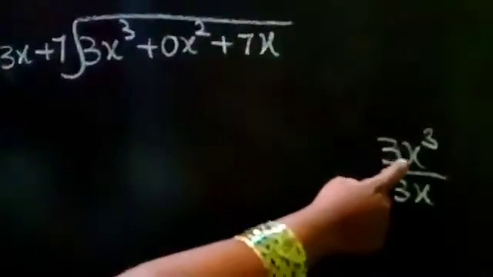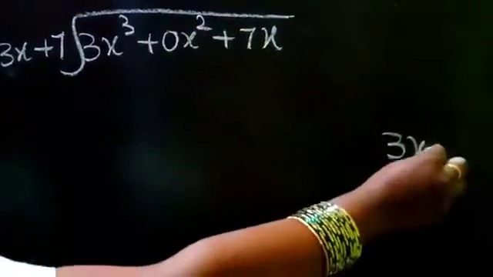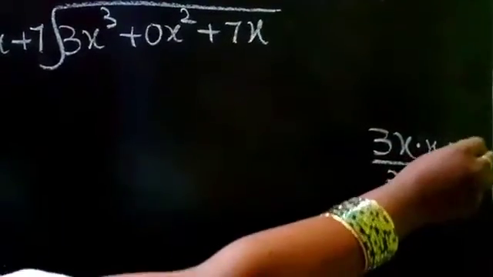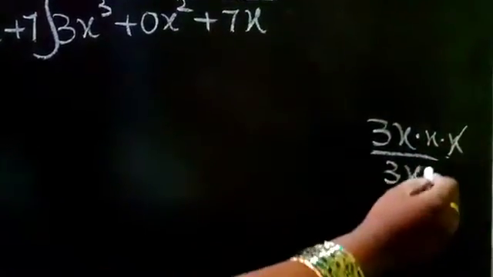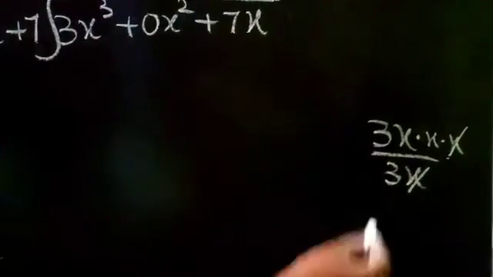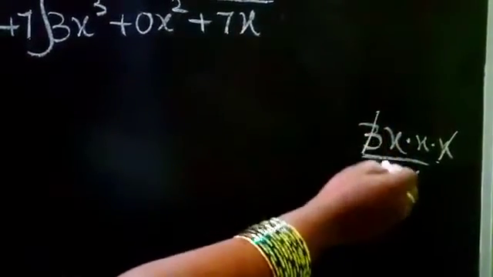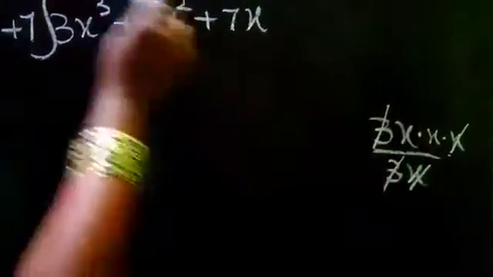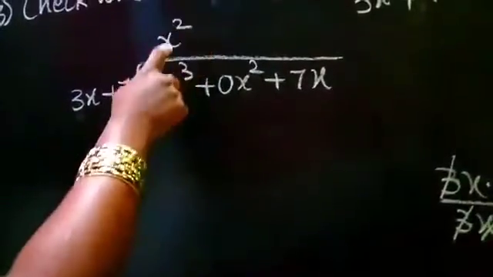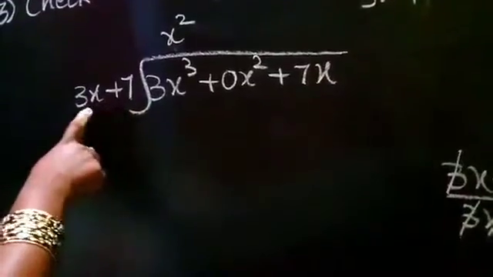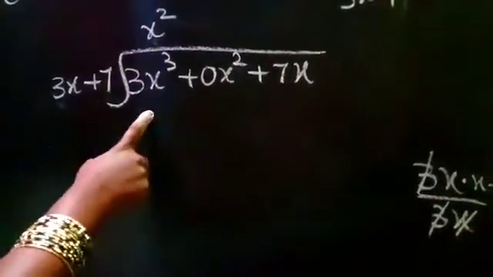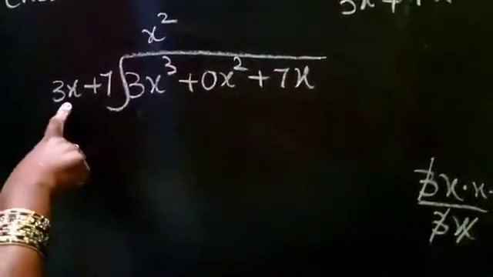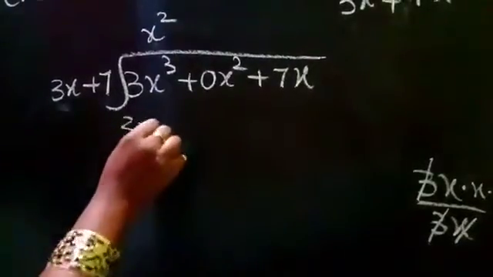So here 3x cube means it is 3x into x into x. So numerator x, denominator x will get cancelled. Same like that, numerator 3, denominator 3 will get cancelled. Here we have x into x, x square. Now x square we have to multiply and write in both the places. So x square into 3x, 3x cube.